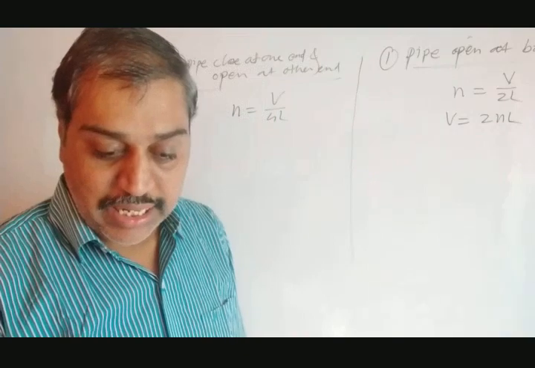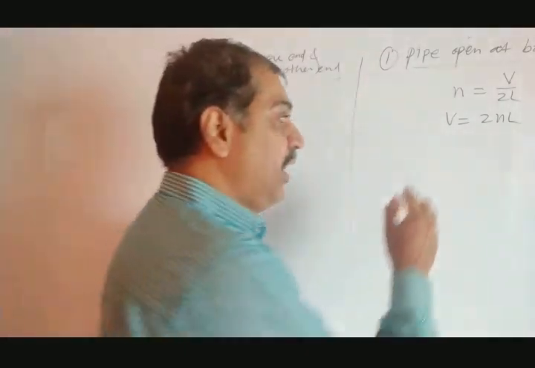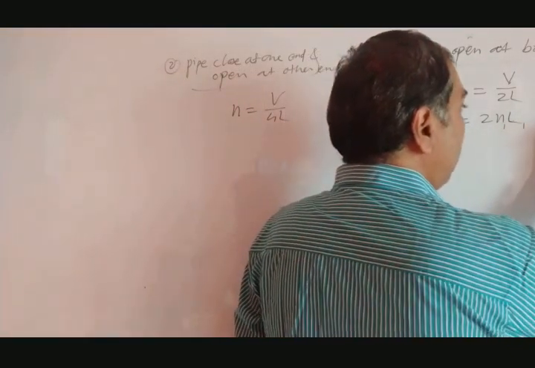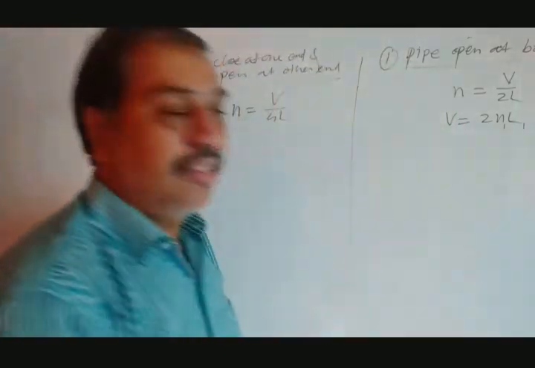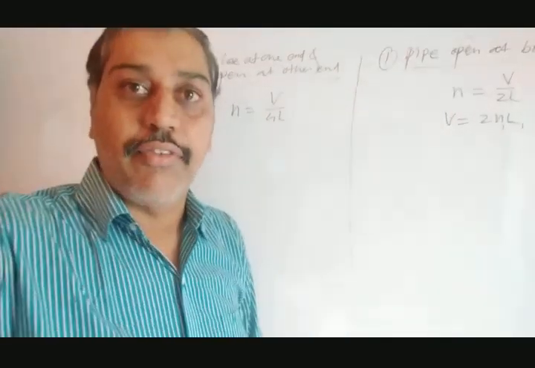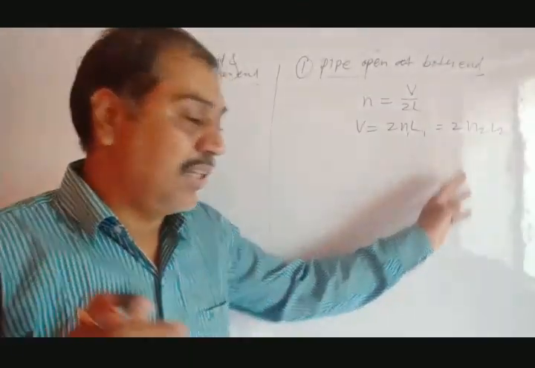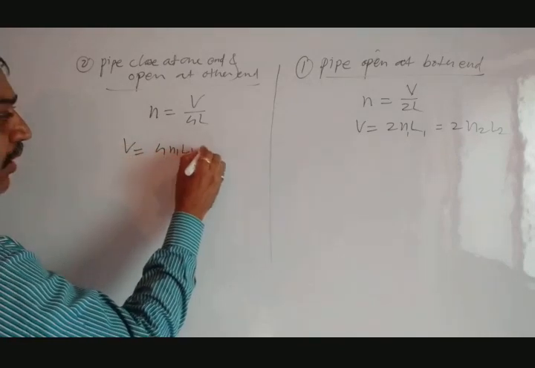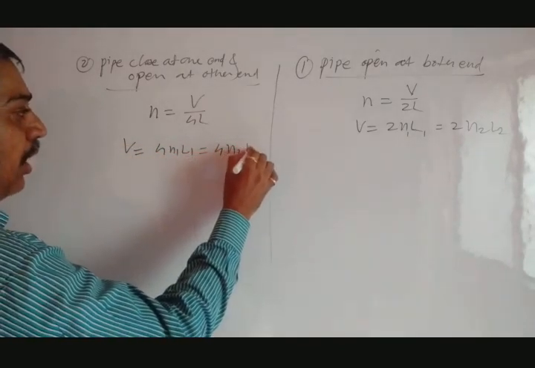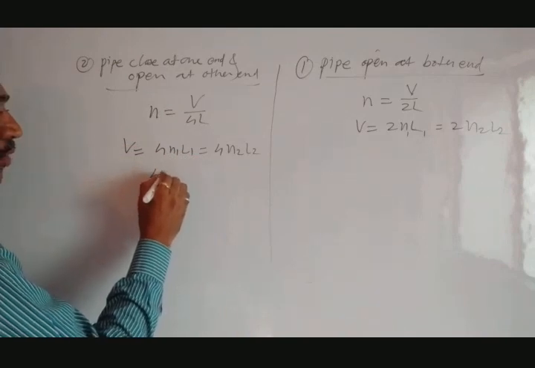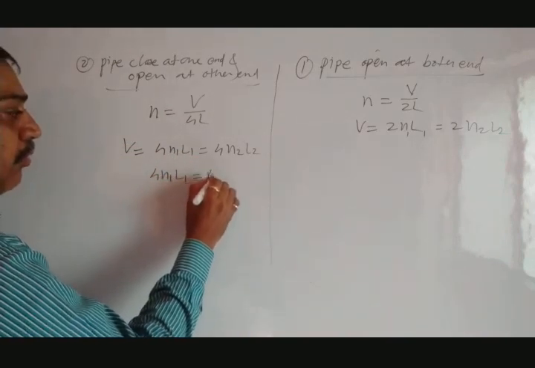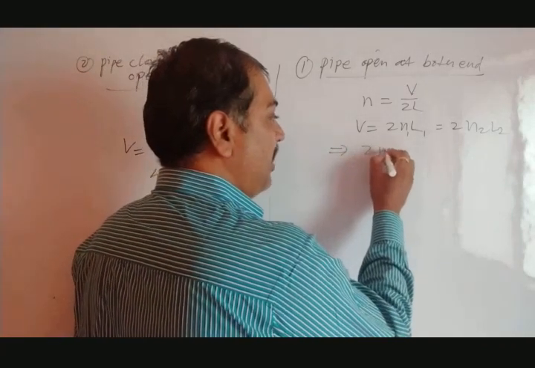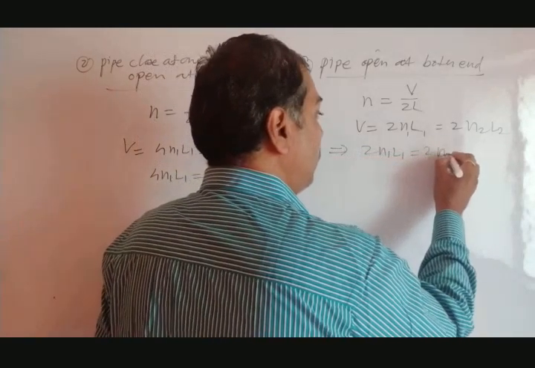For the second pipe it remains the same if the length is the same. So in the same way you can write the simple equation as V equal to twice N1 L1 equal to twice N2 L2. This is for the first frequency, this is for the second frequency. Same way you can write here V equal to 4 N1 L1 equal to 4 N2 L2. Similarly, this implies that twice N1 L1 equal to twice N2 L2.